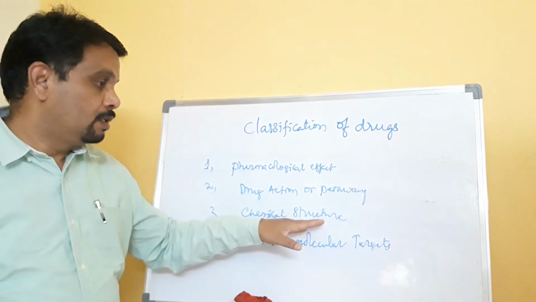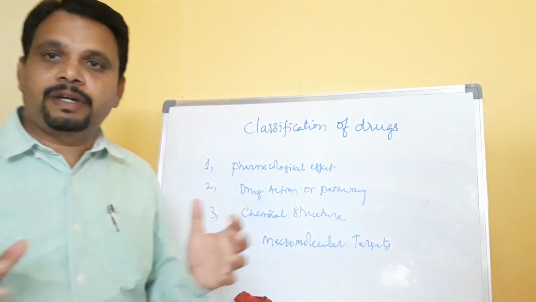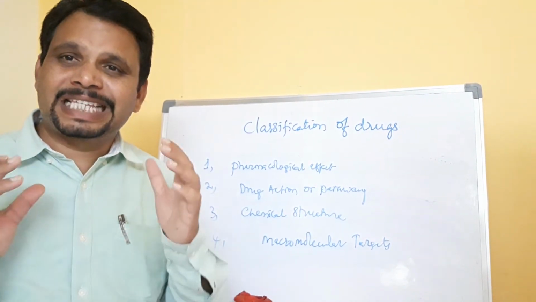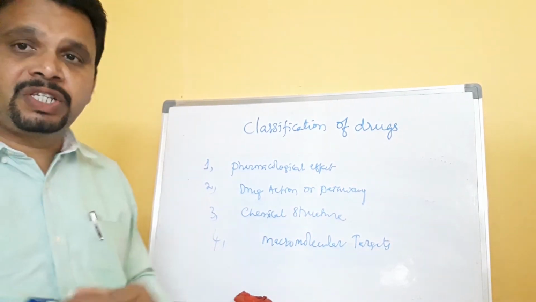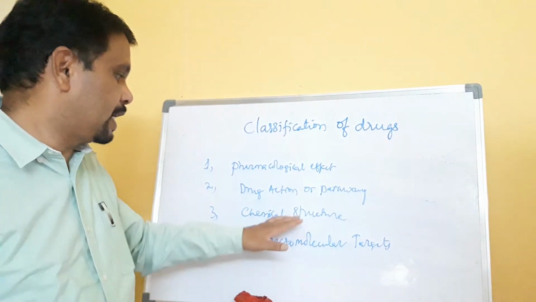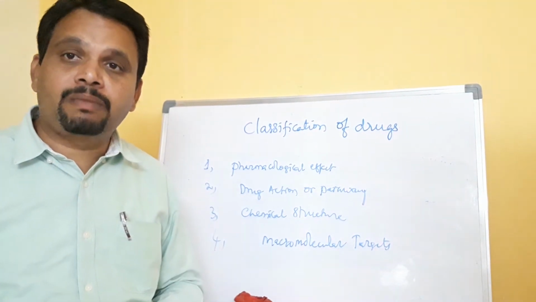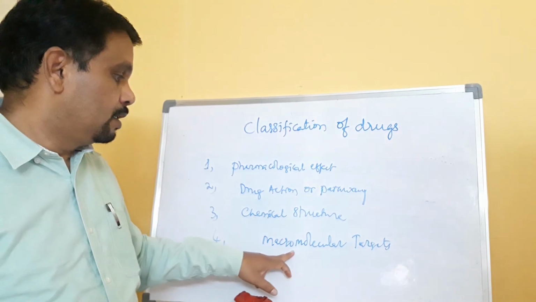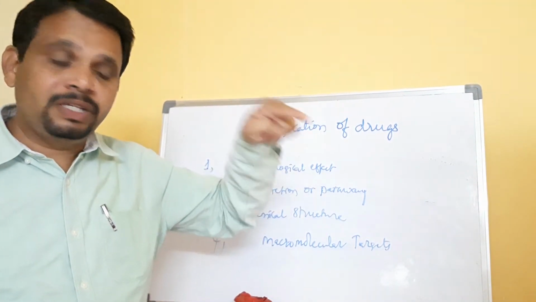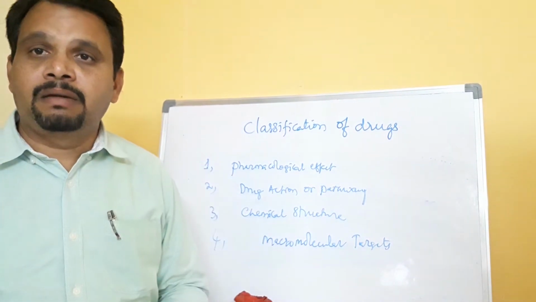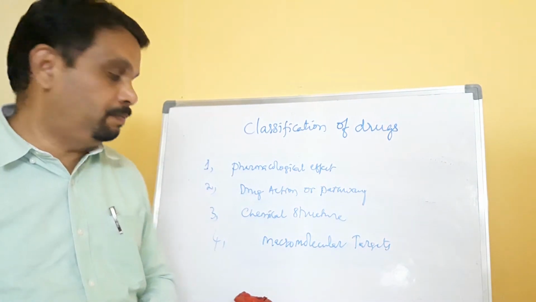We classify on the basis of the basic skeleton structure, or chemical structure. Those which are similar come under this category. And the final one is on the basis of macromolecular targets. The drugs which target macromolecular parts, on the basis of that we can classify drugs based on the molecular targets, right?